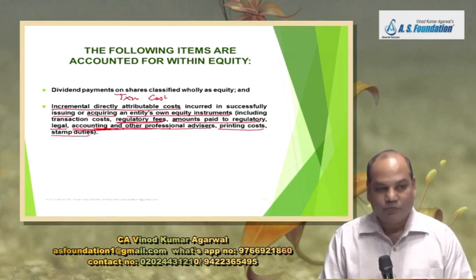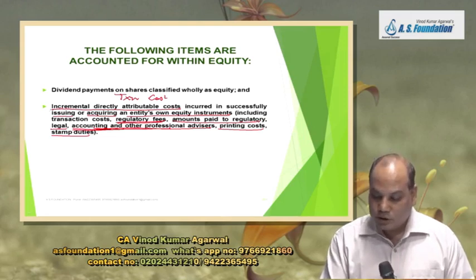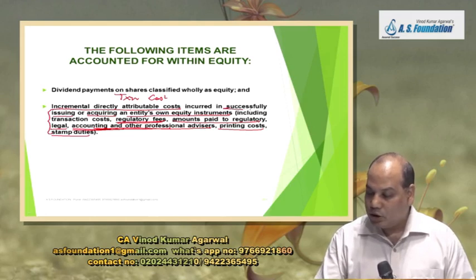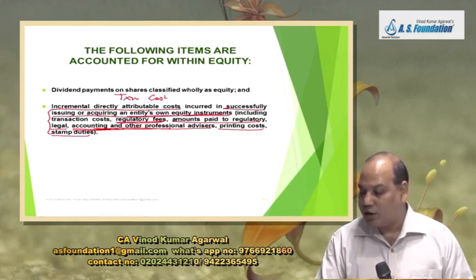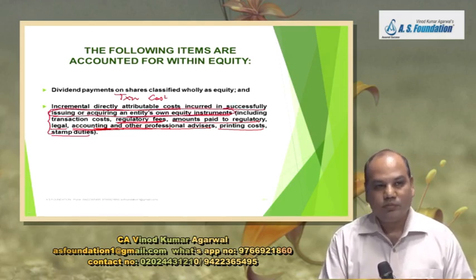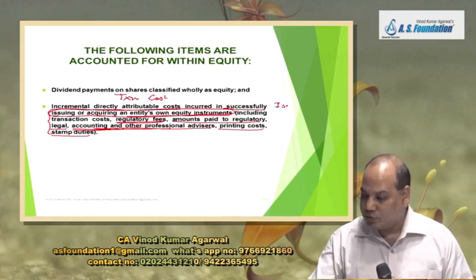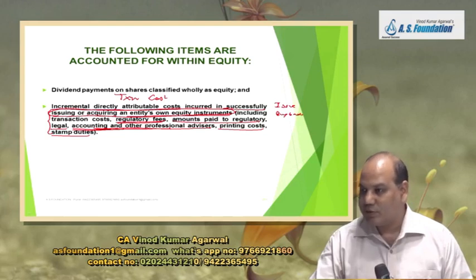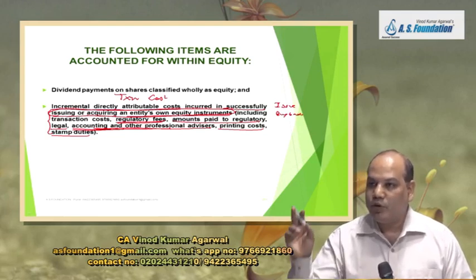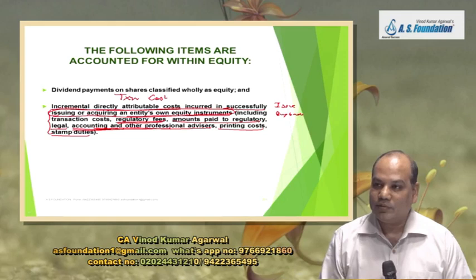prospectus cost, stamp duty. These costs associated with issuing or acquiring an entity's own equity instrument, either at the time of issue or at the time of what is called buyback, will be adjusted in equity.